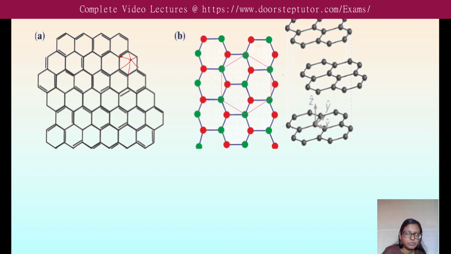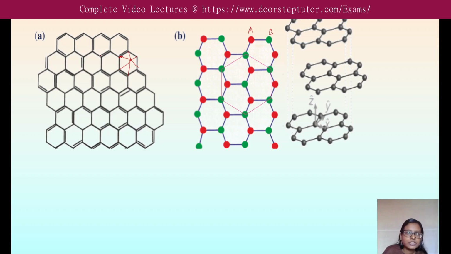But if we consider the Bravais lattices, then it is a hexagonal lattice. And the number of atoms in the primitive cell of graphene is 2. So here, although all the atoms are carbon atoms, we will consider 2 types of atoms, atom A and atom B. Let atom A be represented by this red color and atom B by the blue color.